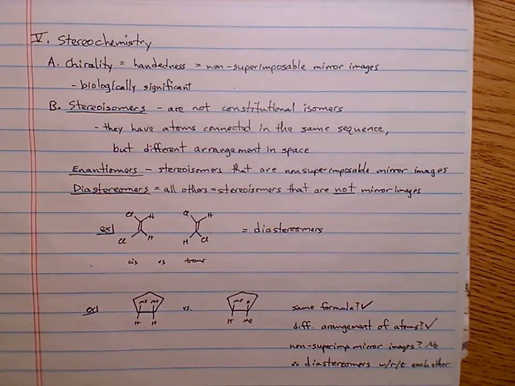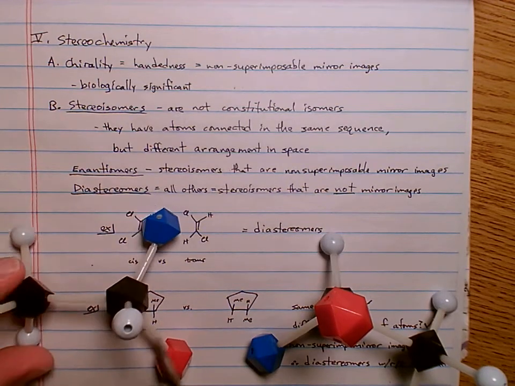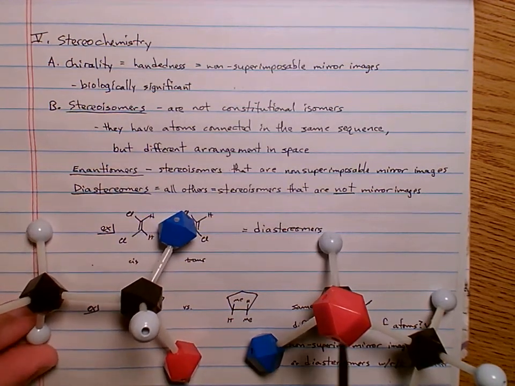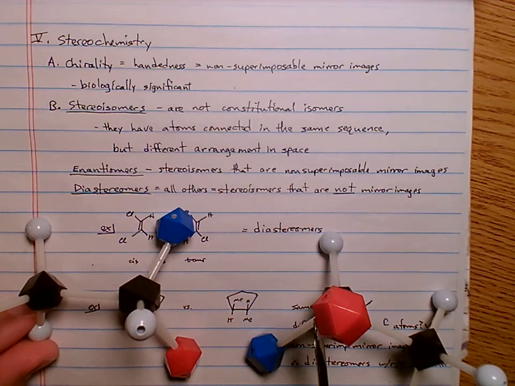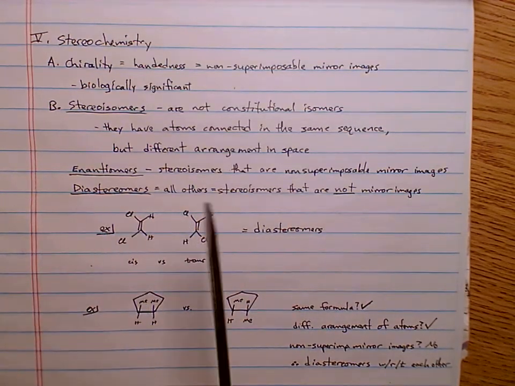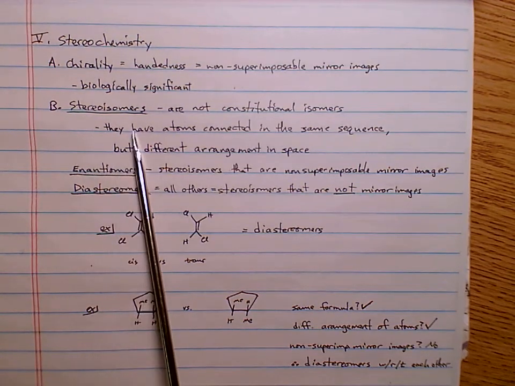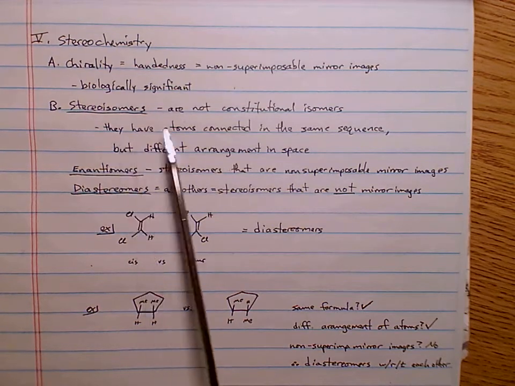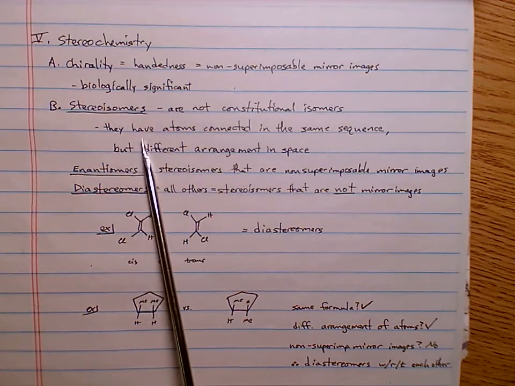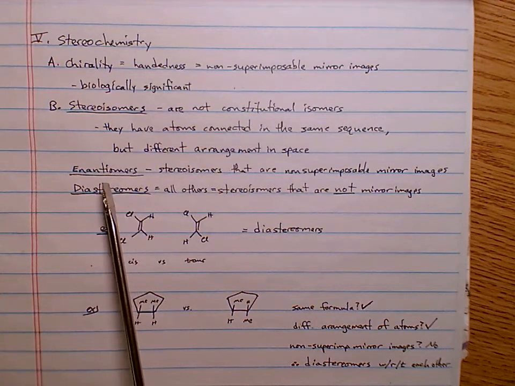Just like we saw before, the carbon atom here is bonded to the same four things that this carbon atom is bonded to, but they're just arranged differently in space. So any two molecules are stereoisomers if they have the same connectivity but different arrangement in space.